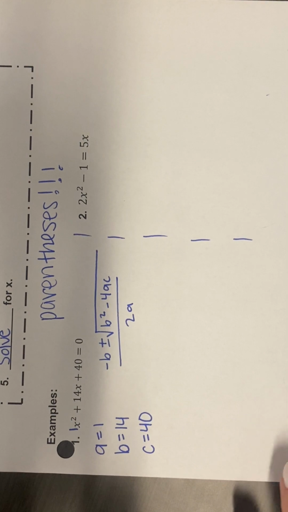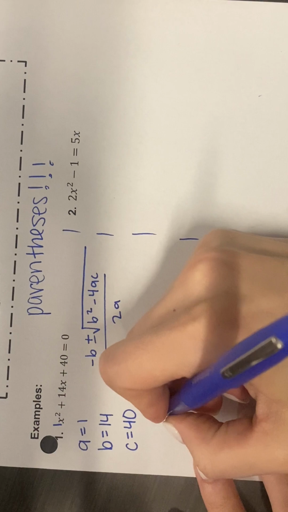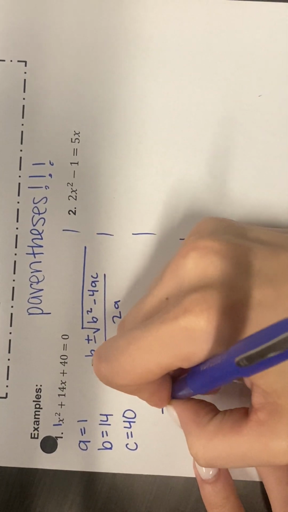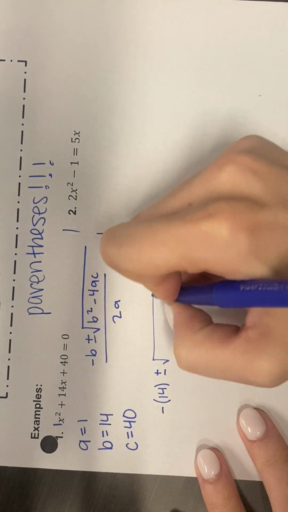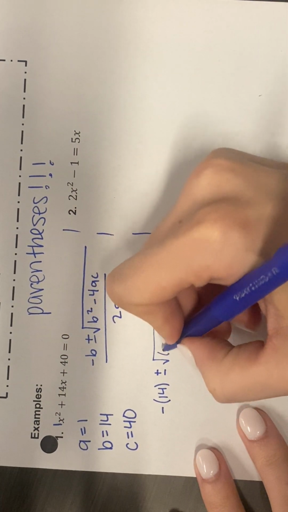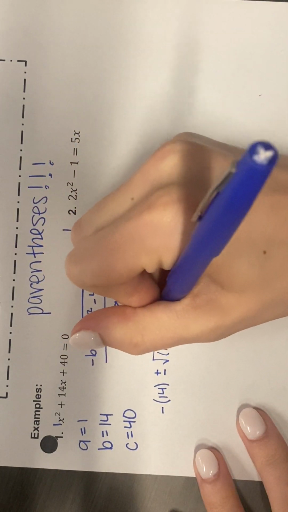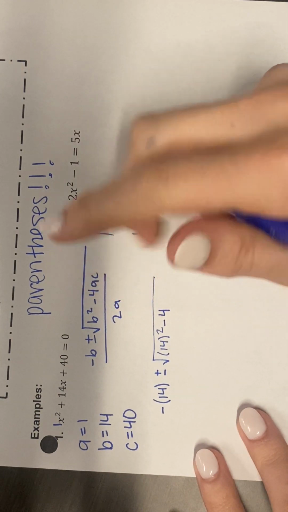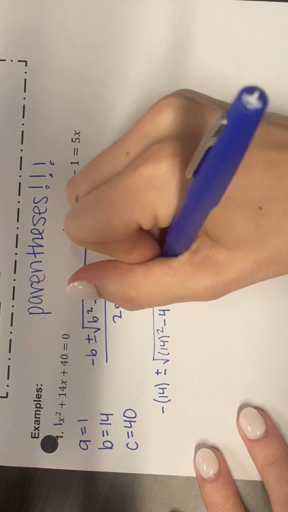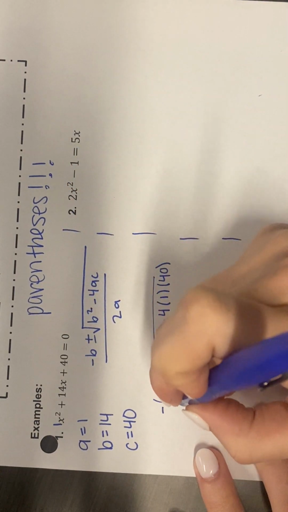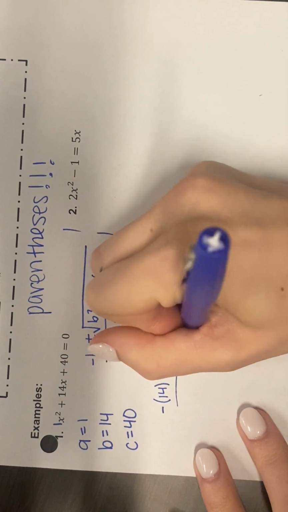I'm also going to zoom in some. Okay, so negative b: it's going to be negative parentheses 14 plus or minus the square root of parentheses 14 squared, minus 4, because that's what's in the formula, parentheses a of 1, parentheses c of 40, all over 2 parentheses a, which is 1.